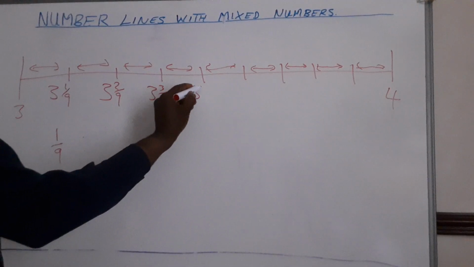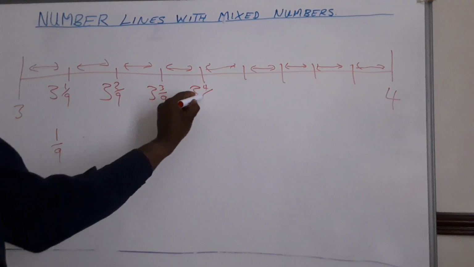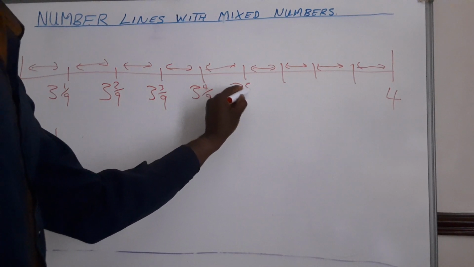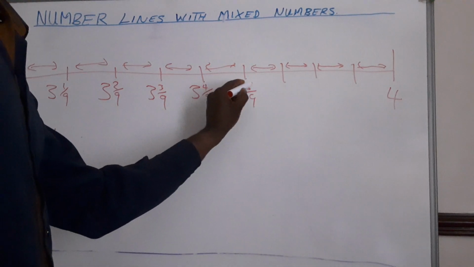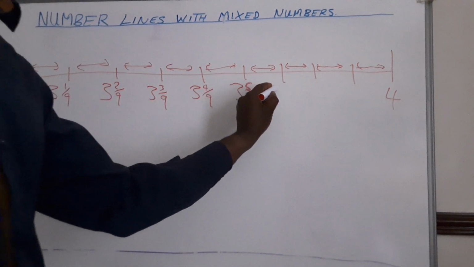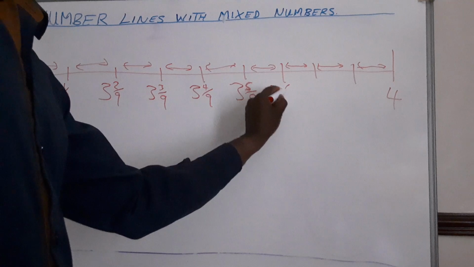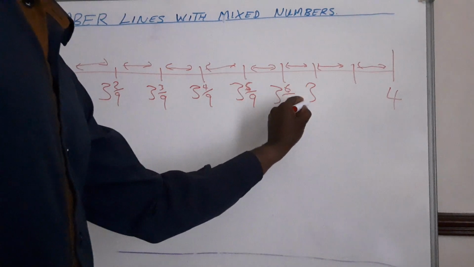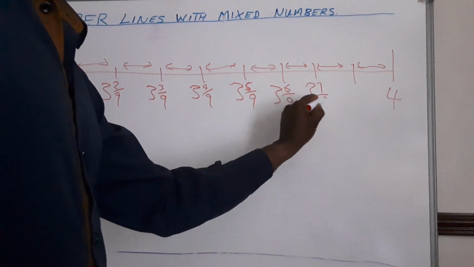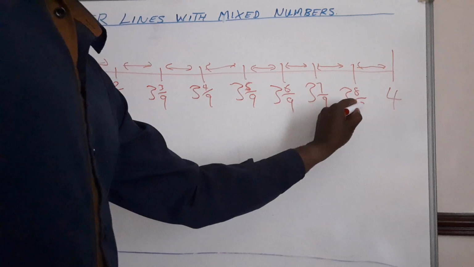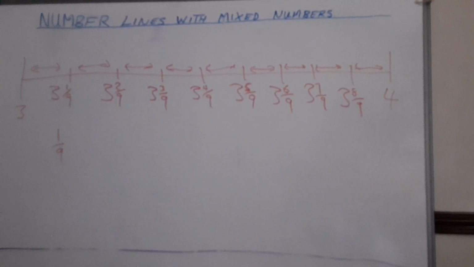Then we continue 3 whole and 4/9, 3 and 5/9 here. We have 3 whole and 6/9, 3 whole and 7/9, then 3 and 8/9.